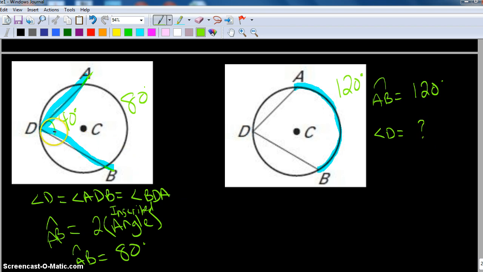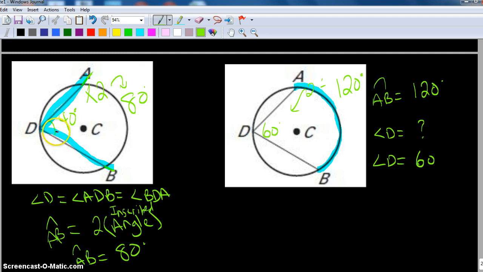Well, over here, when you're on the inside, you times 2 to go out. Over here, when you are on the outside, you're just going to divide by 2 and it gives you that number. So 120 divided by 2 is 60. So angle D is 60.